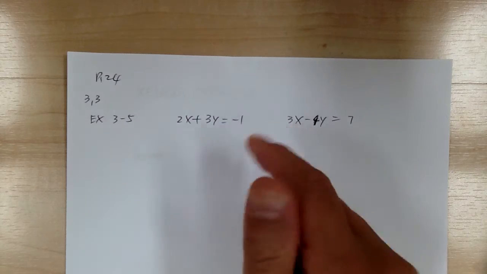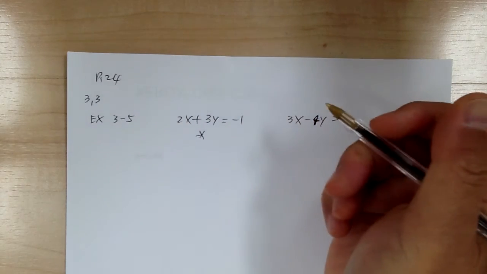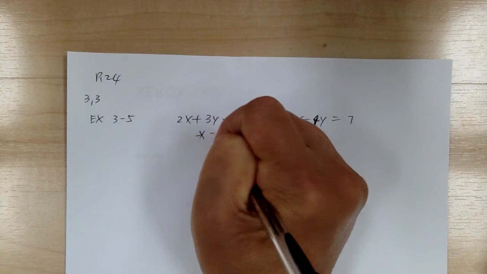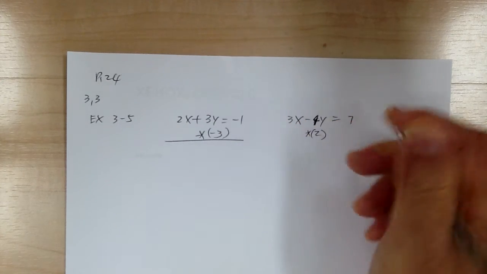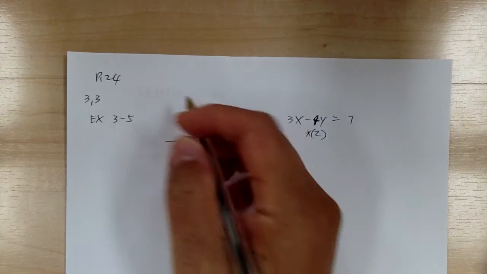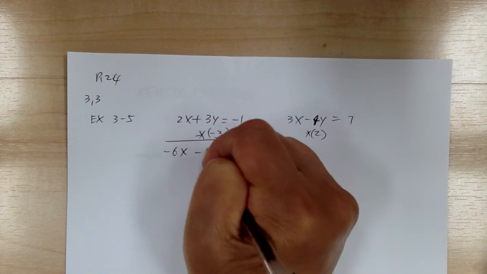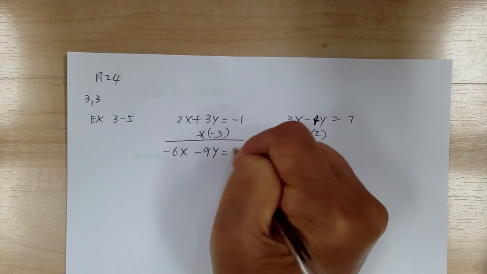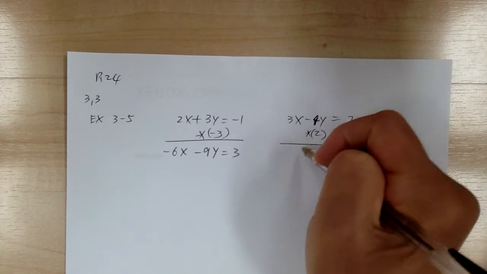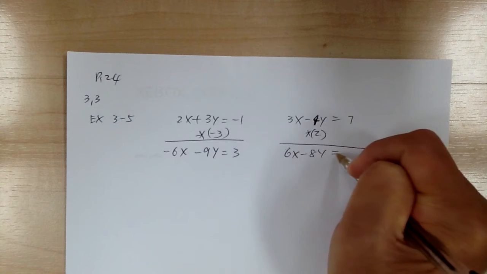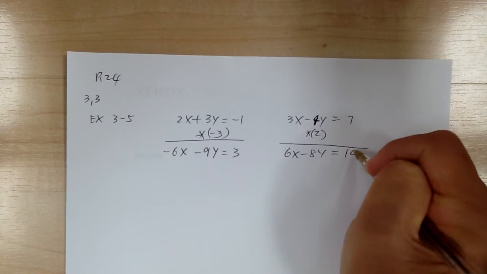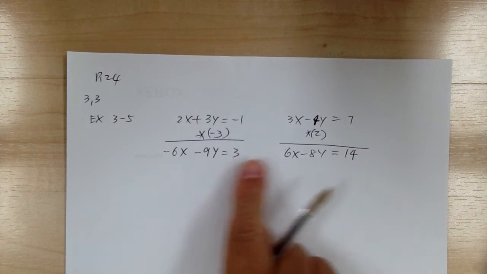So I'm going to multiply this by -3, and I'm going to multiply this by 2. So that way I get 6, I get -6. Okay, so multiply by 2. Again, you want to make them opposite.